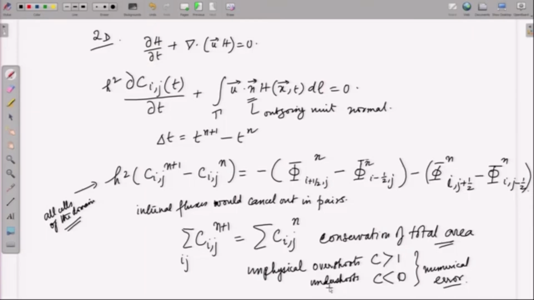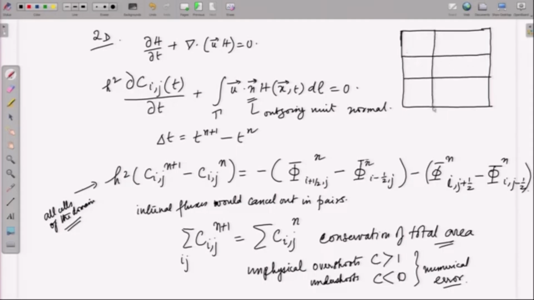Now, keeping this in mind, remember that in the PLIC approach, what we were talking about was that instead of having straight lines indicating interfaces, you have curved lines. Now, let us give an example that in a local two-dimensional region, you may have a distribution of color functions. Let us distribute them in a manner like this.